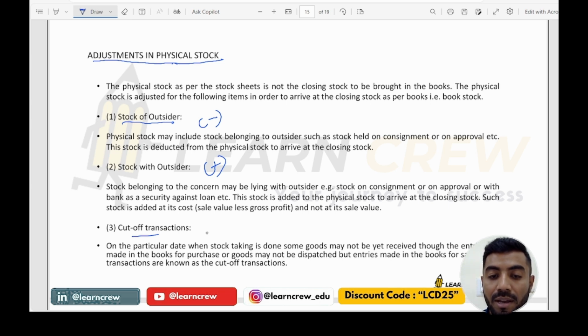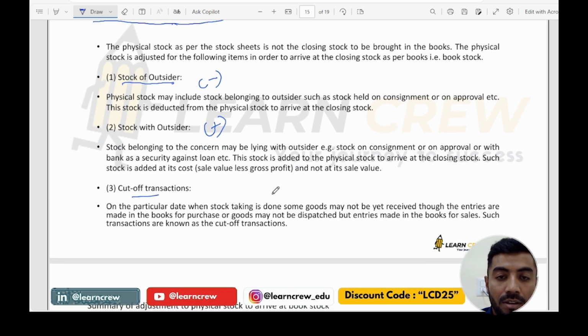That time you need to make an adjustment. Say, for example, you made the purchase. In the books, you've recorded the purchase. The stock is more in the books, but you have not received the stock yet. When you're making the physical count, the stock is not there. It's still in transit. Okay, that to be added. So all of these adjustments you need to make. Only then will you arrive at the additional closing stock value. Done.